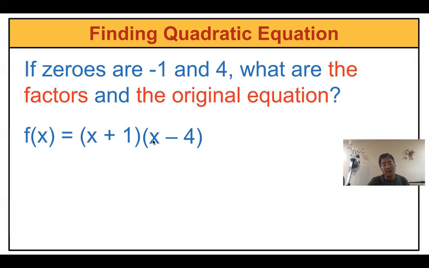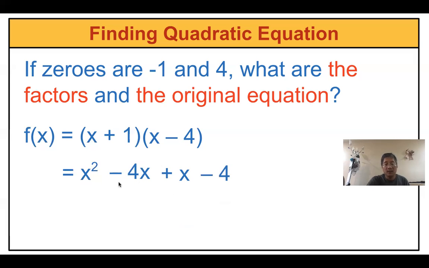So x times x is x squared, like this, right? And x times negative 4 is negative 4x. You are done with x. You did it twice. Then move to 1, right? 1 times x is 1x, which is just x. And then 1 times negative 4 last, minus 4. Are we done? No, don't leave it like this. There are like terms.